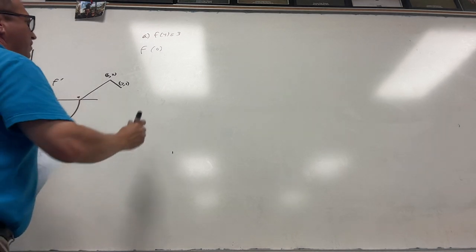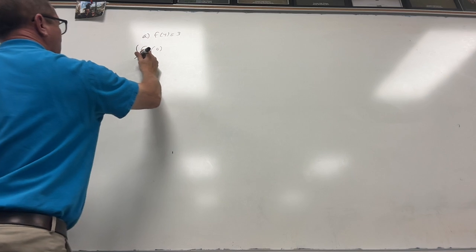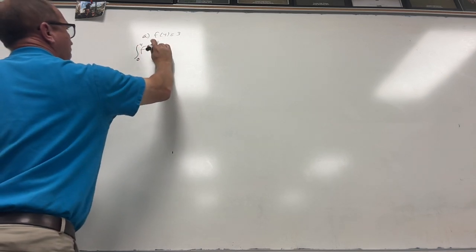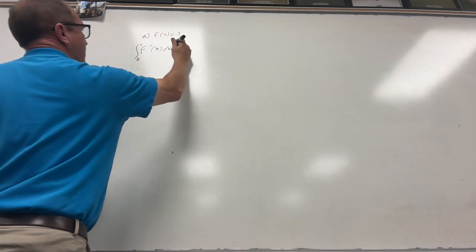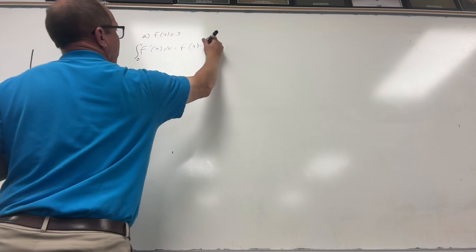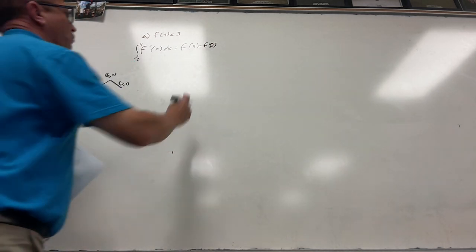So if that's the graph of f prime, then the integral from 0 to 4 of f prime is going to equal f of 4 minus f of 0. At this point right here, we switch them around.